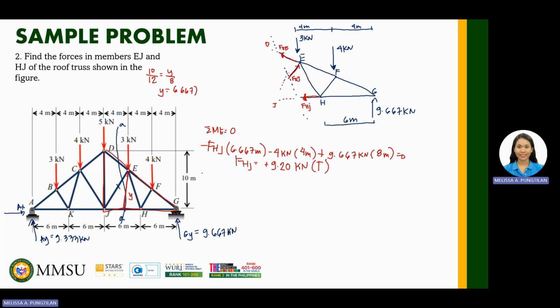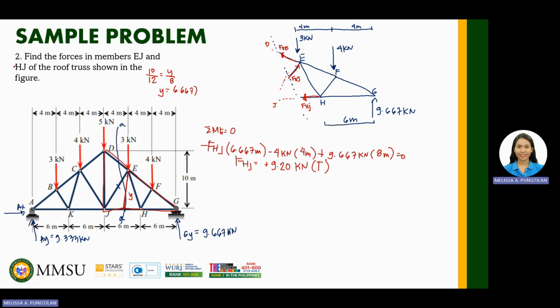Okay, next. Tapos na tayo sa isa, HJ. Proceed naman na tayo sa EJ. EJ, din dito tayo. Ayan, EJ. Therefore, we will take, okay, pwede tayong mag-summation of forces X dito, summation of forces Y, kasi we have two unknowns, two equations, so mako-compute na natin siya.